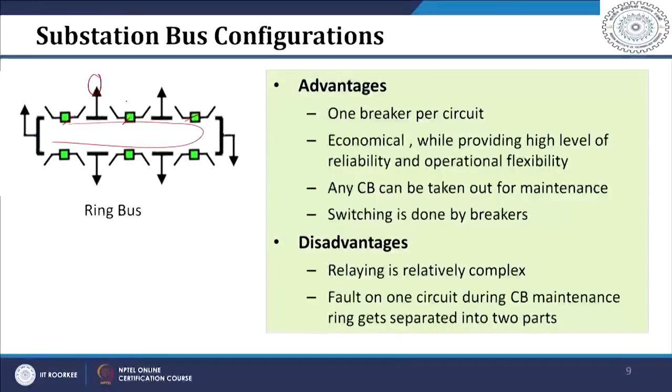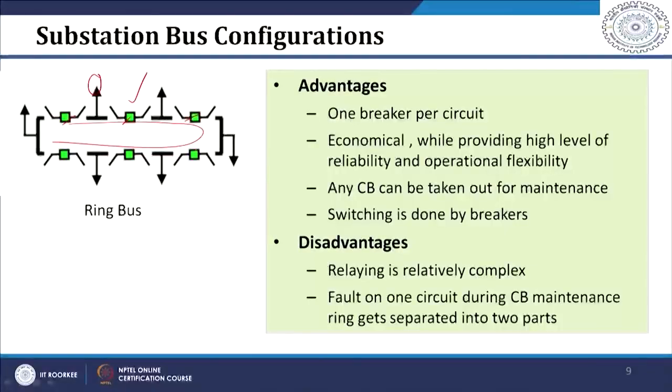So if you see the advantages and disadvantages of this particular scheme. The first advantage is one breaker per circuit. Only one circuit breaker is required per circuit, so it is economic.